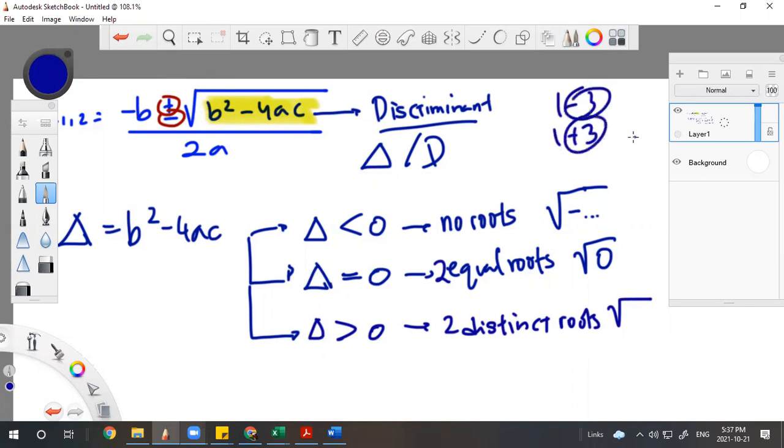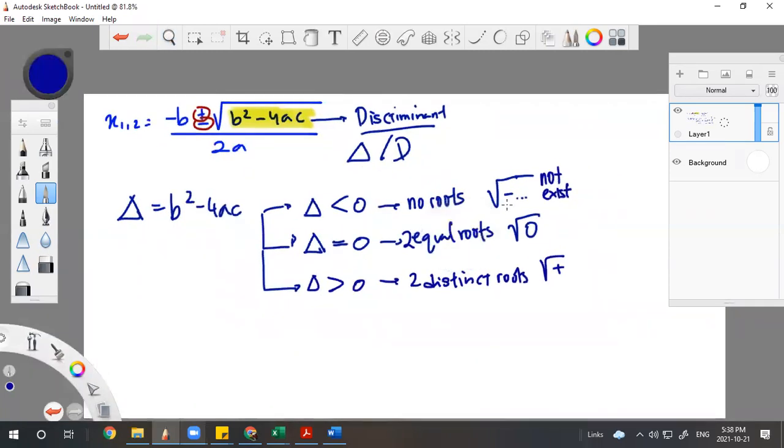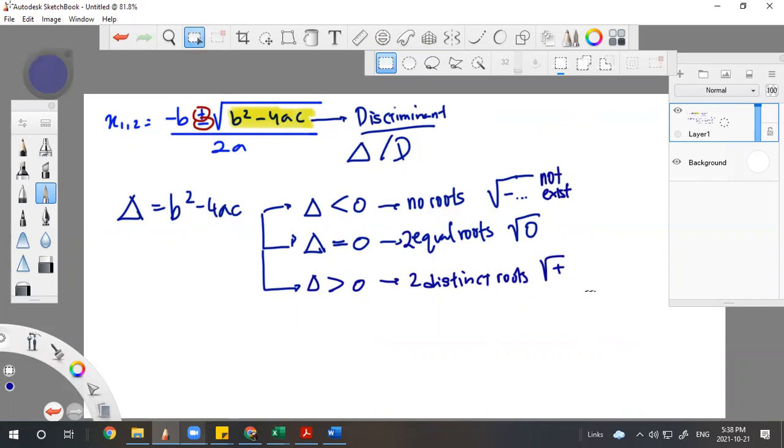Totally different, because we have the plus and minus, see the sign here. Two distinct roots because it is positive. So this is about the discriminant theory.